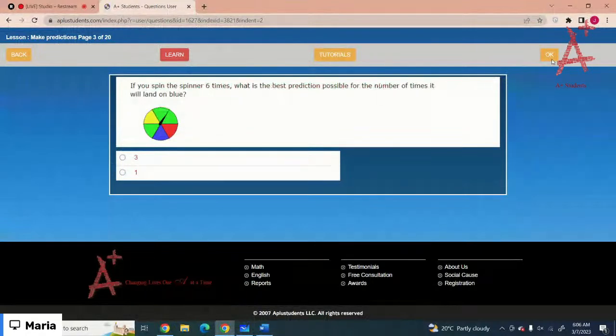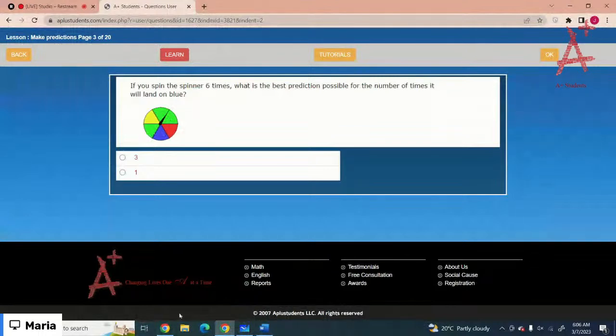Okay, the next one is: if you spin a spinner 6 times, what is the best prediction possible for the number of times it will land on blue? So the total colors on the spinner are 1, 2, 3, 4, 5, 6. The total is 6. Got it?